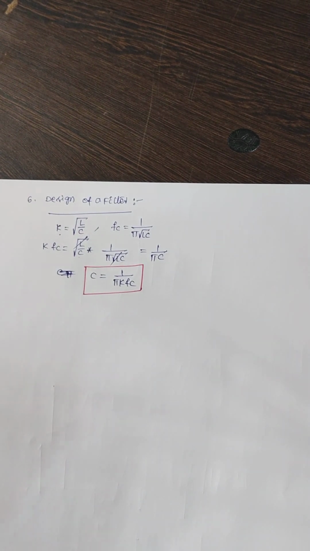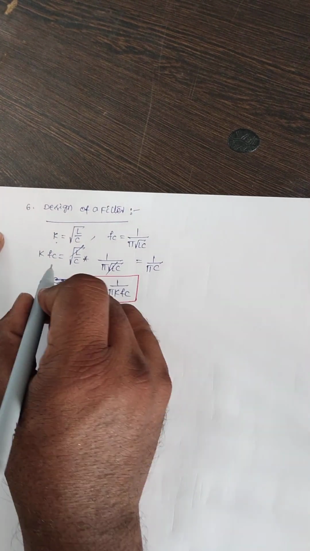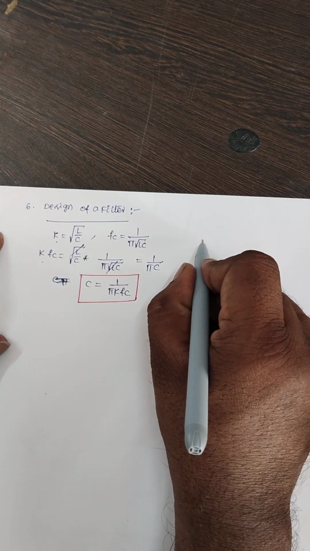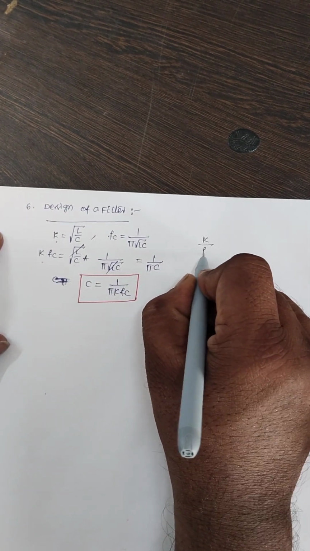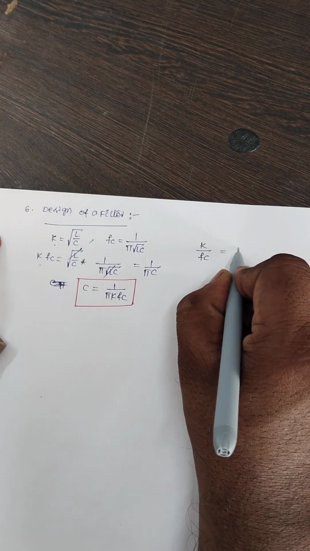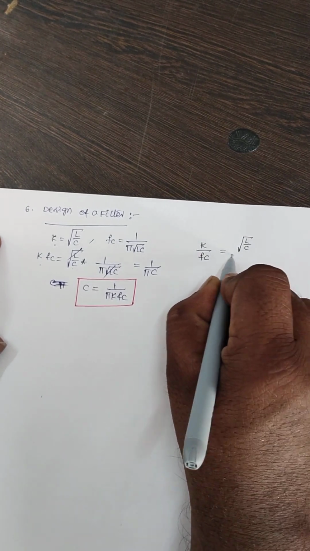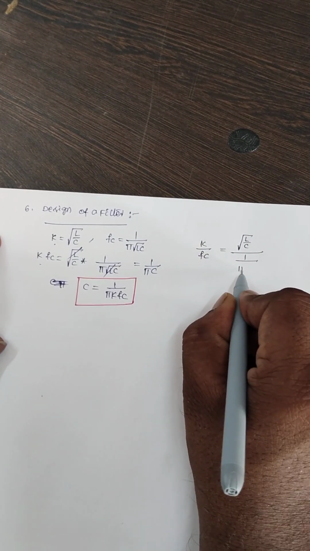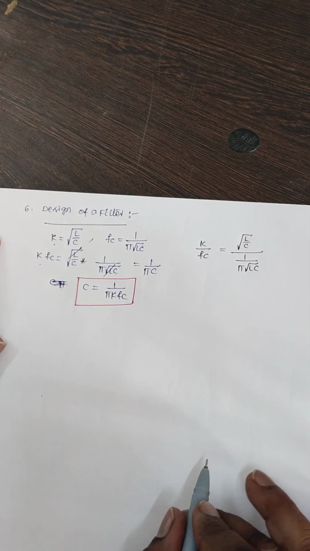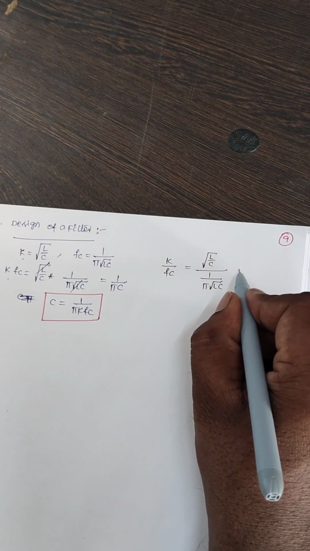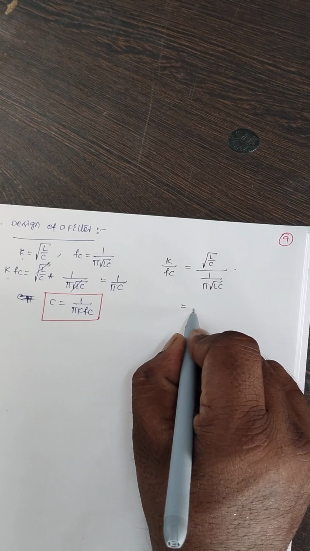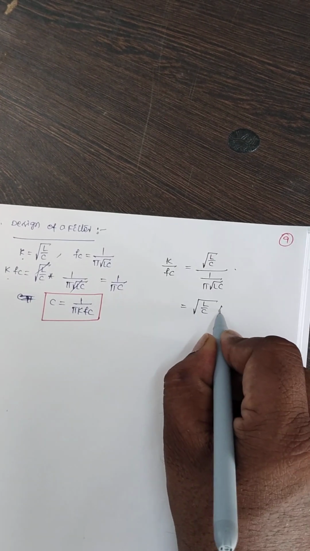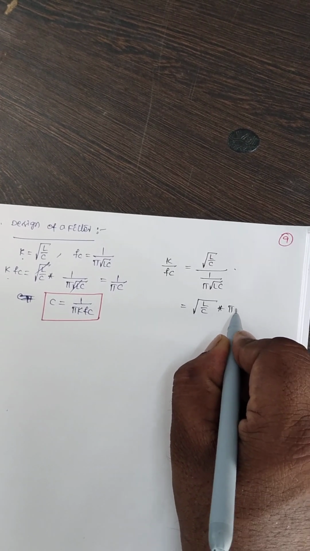Next, I need to find the value of L. That was multiplying; now divide k by fc. That is square root of L by C divided by 1 by pi root LC. This is equal to square root of L by C into pi root LC.